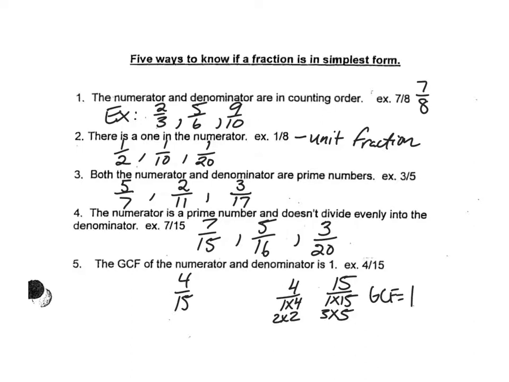If you discover that nothing else will go in except 1, then you can also tell that it is a simplified fraction. It cannot go any lower. In other words, it's in the simplest form. 4/15 is an example of that one, and since I showed a little more on that one, I'm not going to do another example.